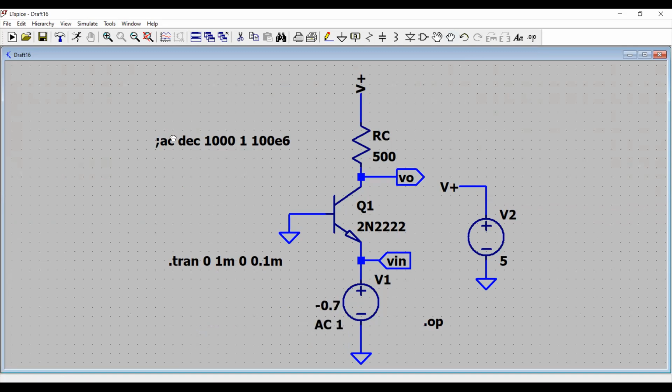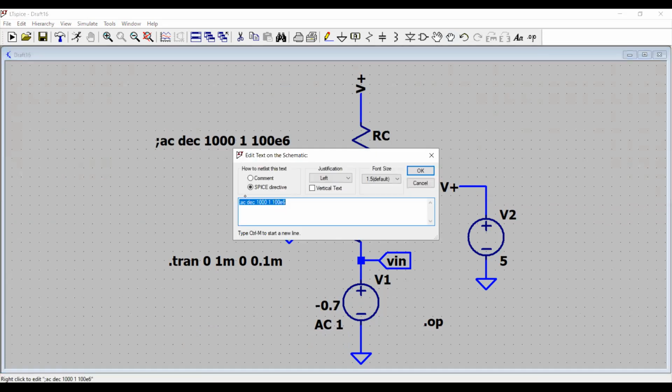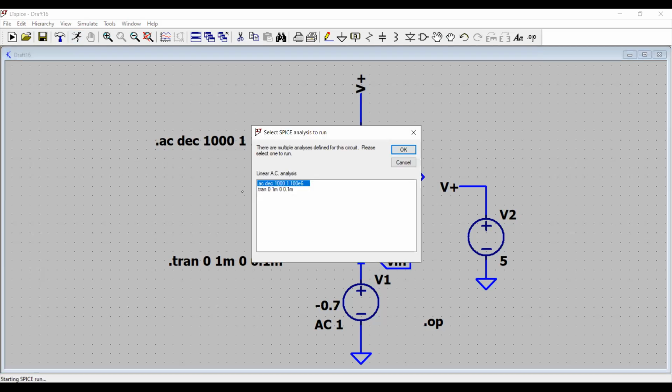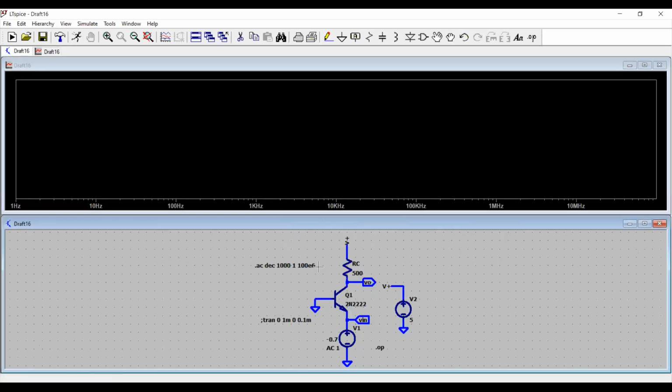And now we will run the AC analysis. Here it's clear. So we'll just enable this analysis by putting dot. Click OK. And now Spice will ask me which analysis you want to run. After I click run, I will choose this. It has run this analysis.